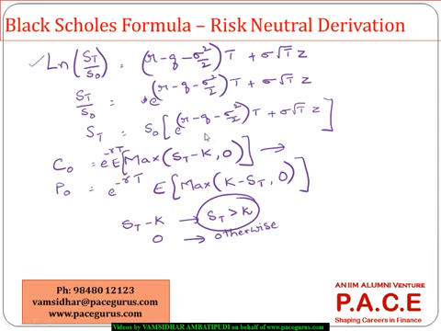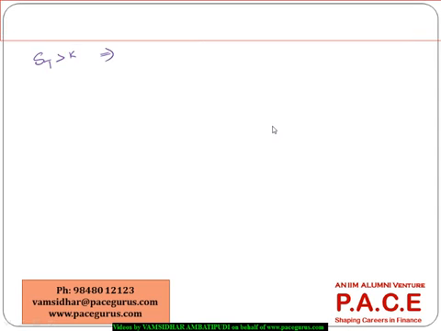ST is nothing but S naught into this, so that should be greater than K. So S naught times e to the power of (r minus q minus sigma squared by 2) times T plus sigma root T Z. This entire thing should be greater than or equal to K.